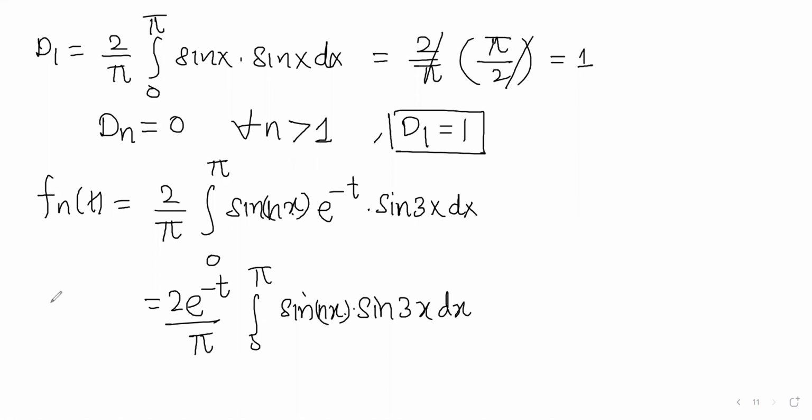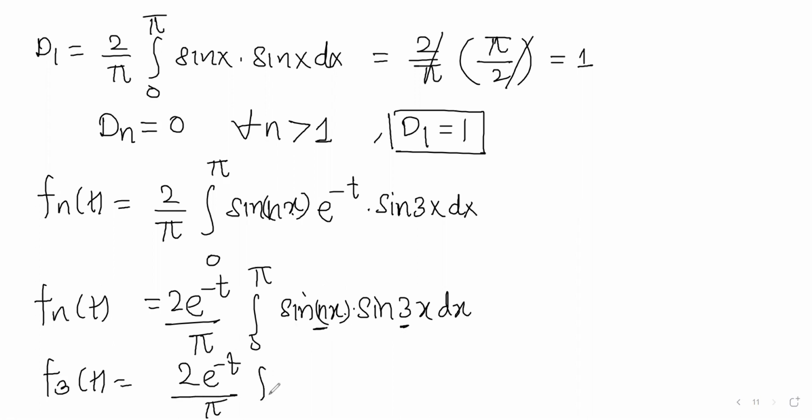Okay, so now you know that this quantity fn of t will be only defined for f3, correct? Because for n equal to 3, this quantity will be pi by 2, while otherwise it will be just simply 0. Okay, so f3 of t will be equal to 2 e power minus t over pi, integral 0 to pi sine 3x, so basically it will be squared.